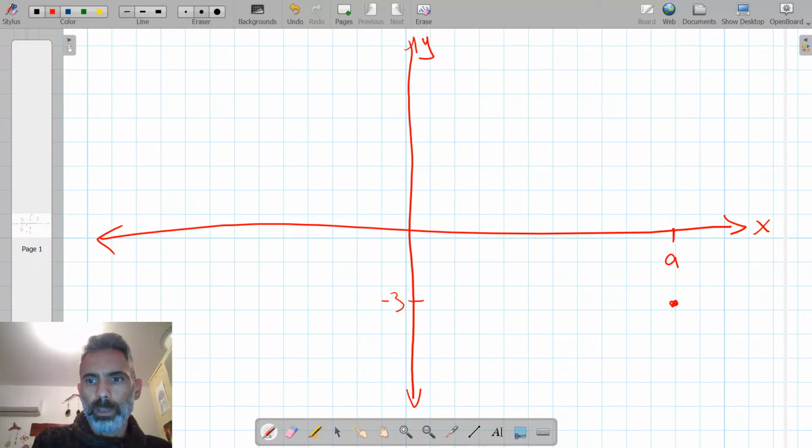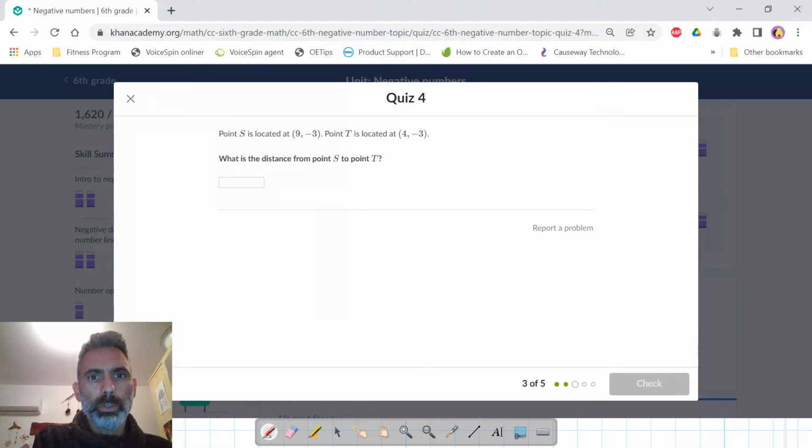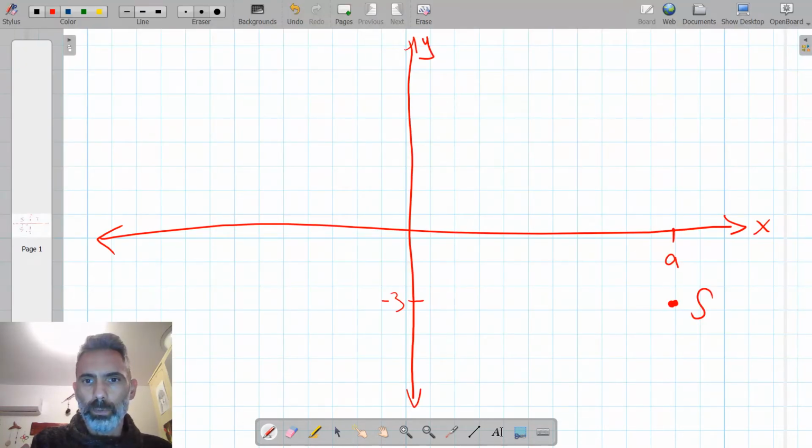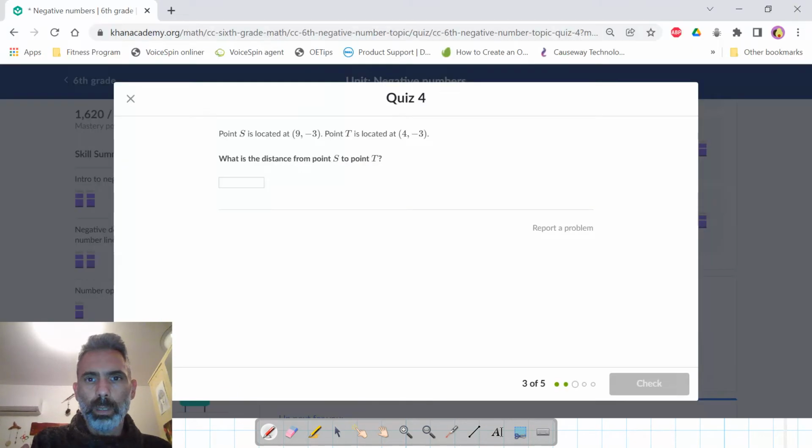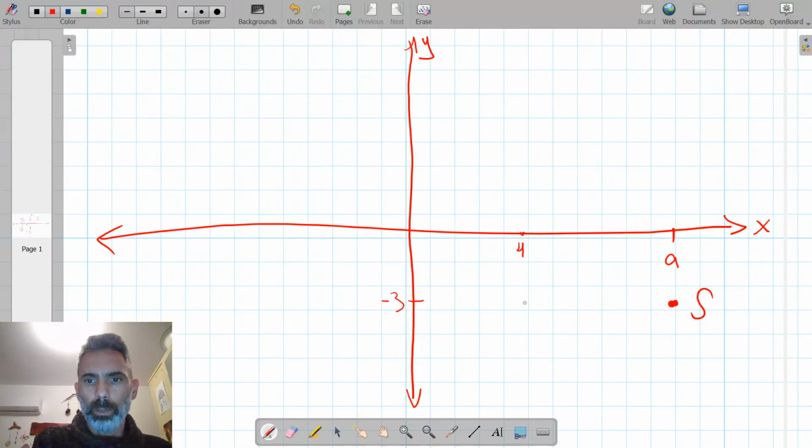So let's say this is point S. Okay, point T is located at (4, -3). So let's say this is 4, -3. Okay, so that is point T.